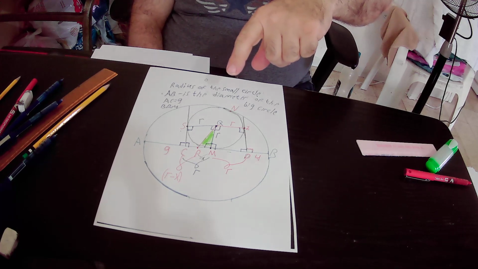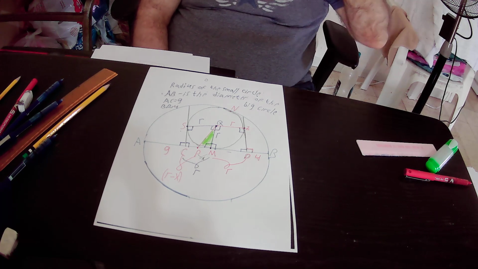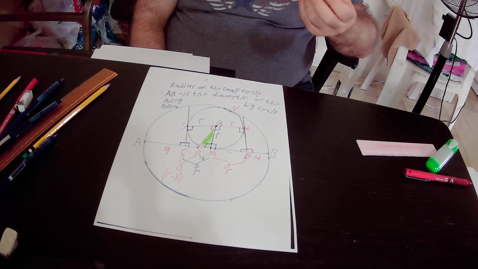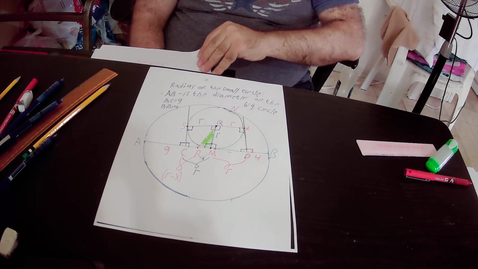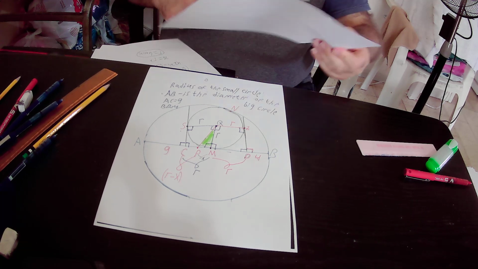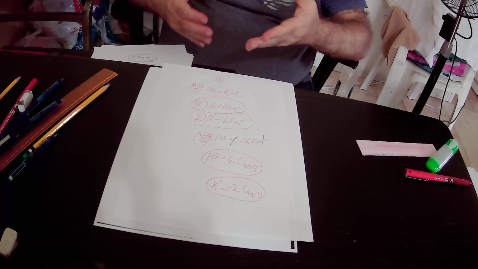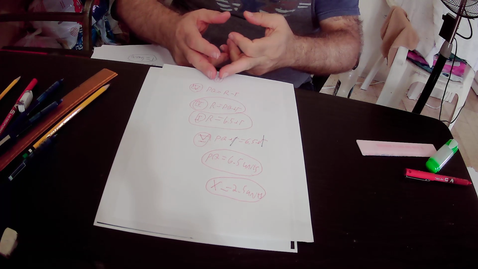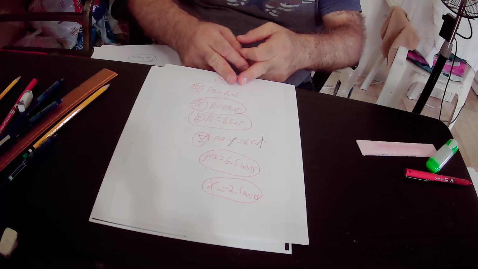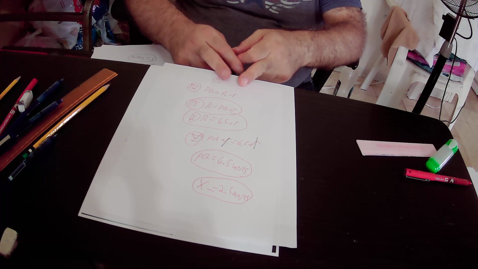The length of the big radius is capital R and the length of the small radius is small r, so the difference between the radiuses is capital R minus small r. So we have the equality that PQ equals capital R minus small r, that is to say, the distance between their centers equals the difference between their radiuses.